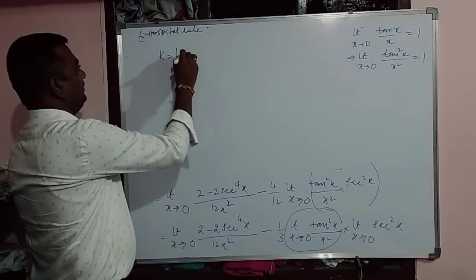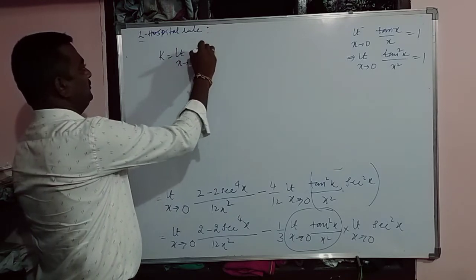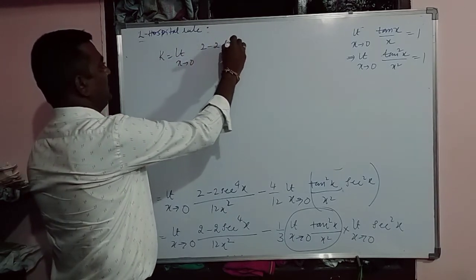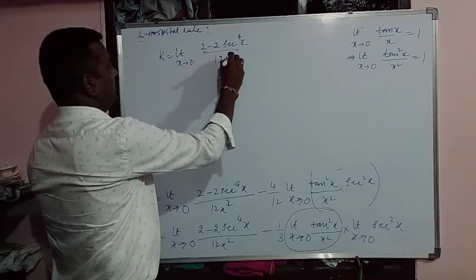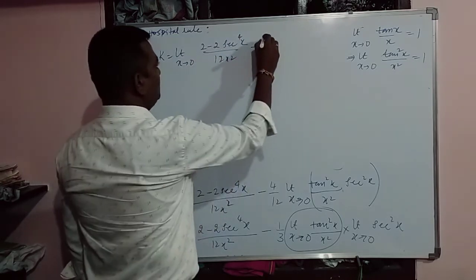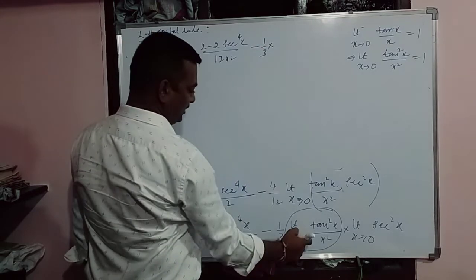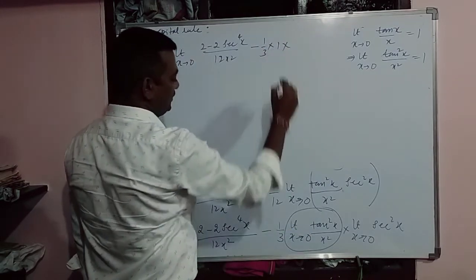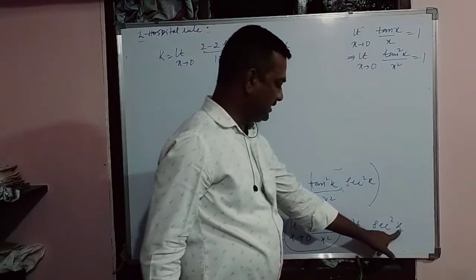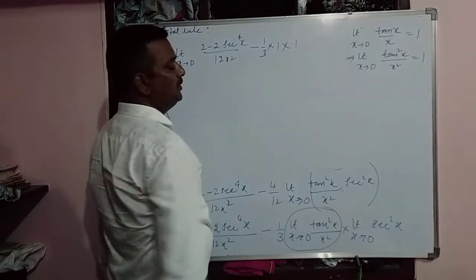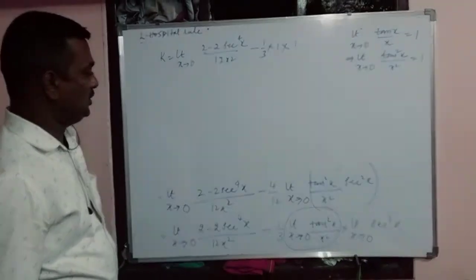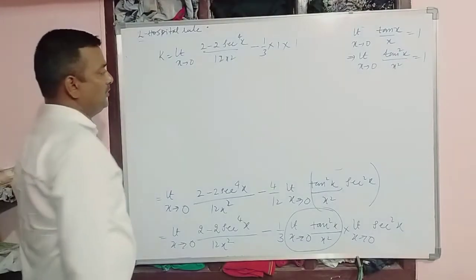k is equal to the limit as x tends to 0 of 2 minus 2 secant raised to 4x divided by 12x square, minus 1 by 3 into its value, which is 1, into, as x tends to 0, secant 0, which is 1 by cos 0, 1 by 1, is 1.